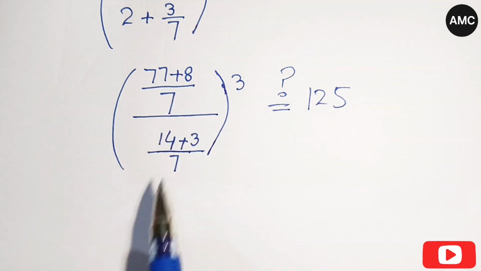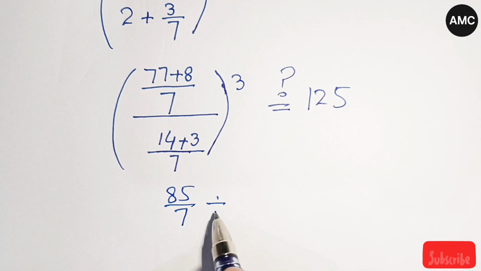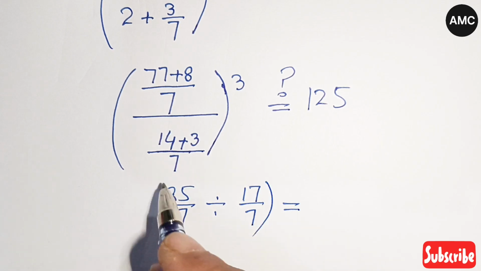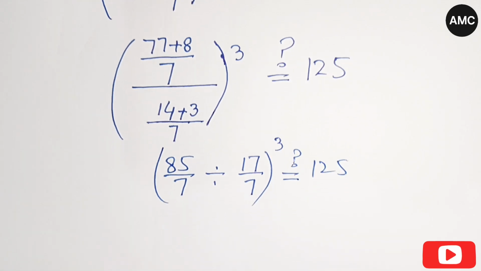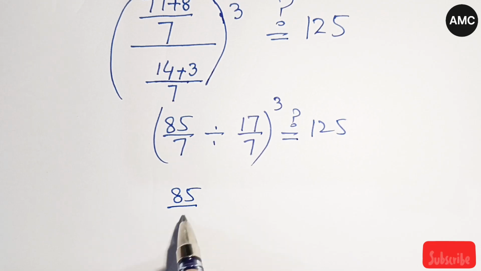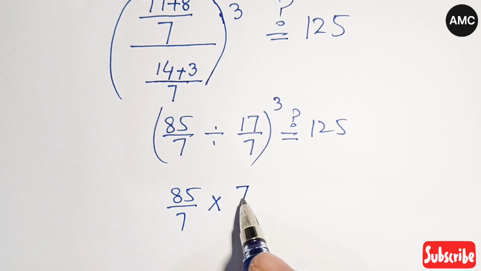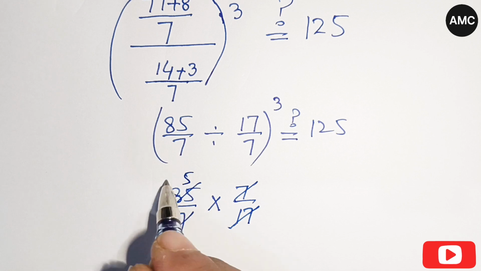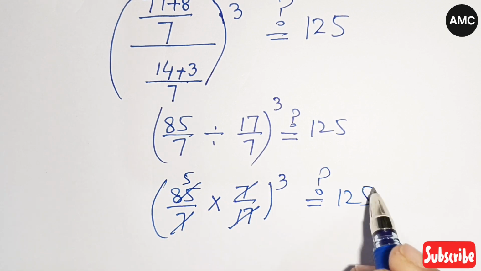So 77 plus 8 is 85 over 7 divided by 17 over 7 whole cubed. Is it equal to 125? So our final steps are that 85 over 7, changing this division sign into multiplication, we get 7 over 17. This 7 cancelled, here we get 5 and whole cubed. Is it equal to 125?